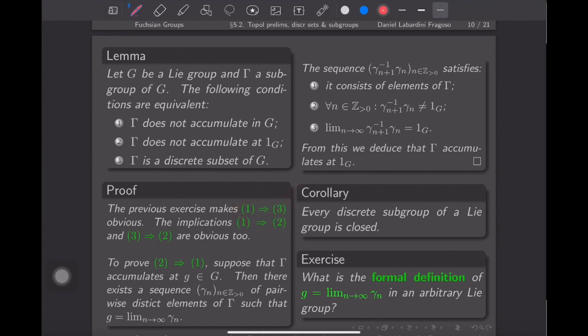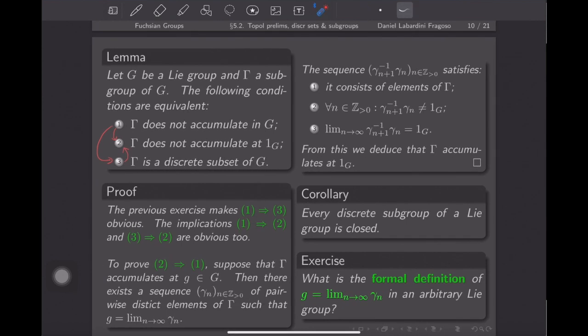So maybe let me mark it. So this is done. 1 implies 2 is obvious. 3 implies 2 is also obvious, because of course the identity belongs to any subgroup. So if the subgroup doesn't accumulate in itself, in particular it doesn't accumulate in its own identity, which is the identity of the big group. So 3 implies 2 is also obvious.